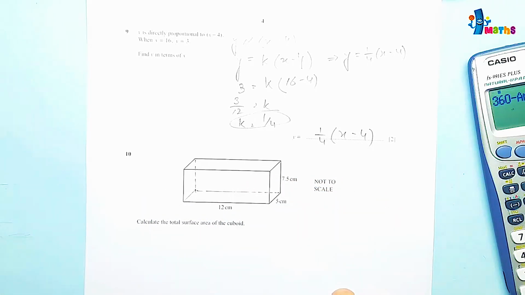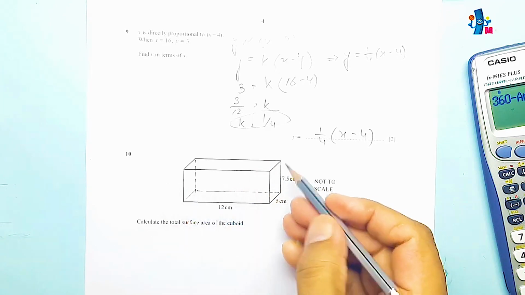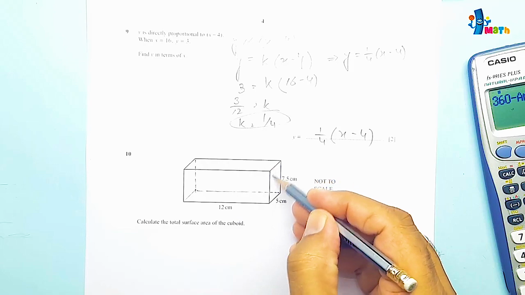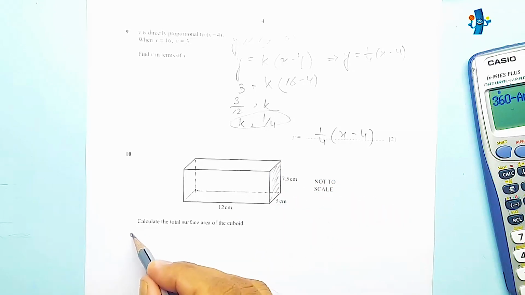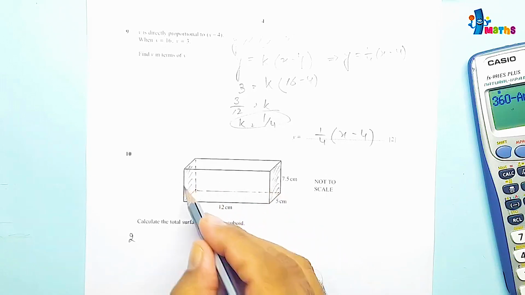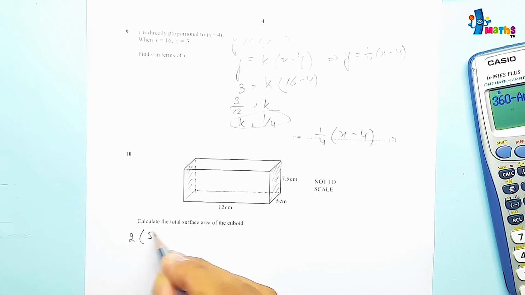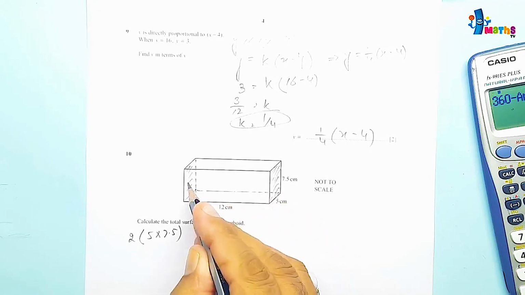So it will have 4 and 2, 6 faces. One face will be this one, the surface area of this one, and the opposite side, which is this one. So these two will have 2 into 5 multiplied by 7.5, right? So these will be two faces.